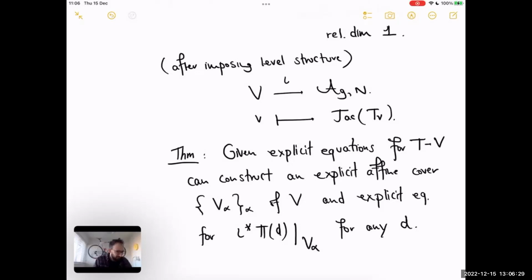So in particular, if you were given an explicit set of equations for the family of, say, all genus g curves, then you really would be able to compute, in principle, the locus of, say, positive dimensional weakly special subvarieties in the closed Torelli locus, and in particular those ones that intersect the open part for some fixed g.